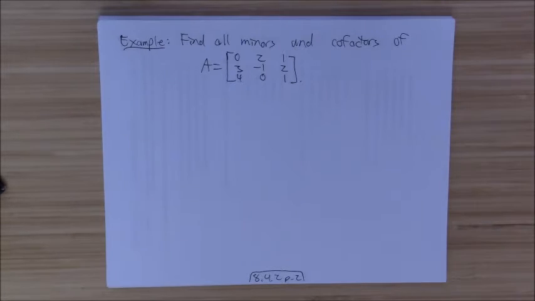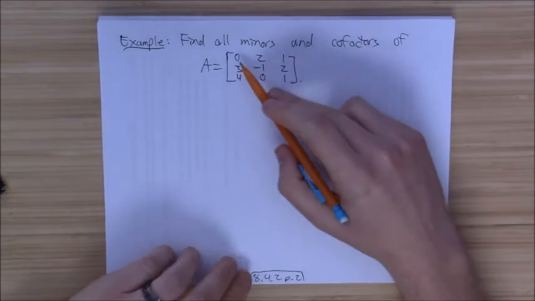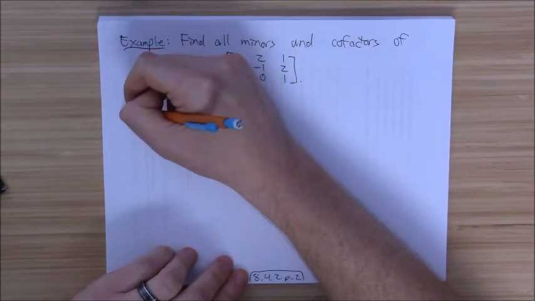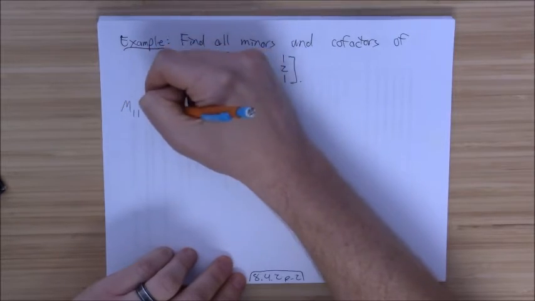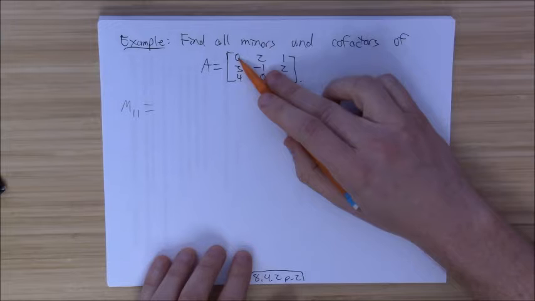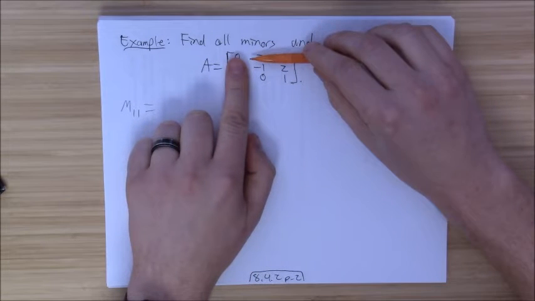So let's do an example by finding all the minors and cofactors of the following matrix. I'm going to go ahead and do the minors first. To find M11, we go to the first entry and delete the row and column that it's in and take the determinant of whatever's left.